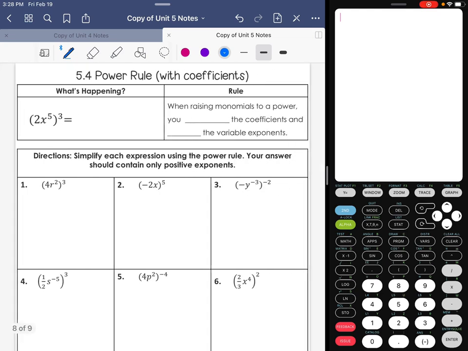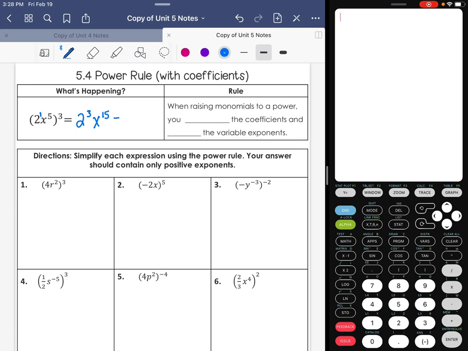On the next page, we of course have power rule with coefficients. When you have power rule with coefficients, what you have to remember is the coefficient has an exponent of 1. So that means that you have 1 times 3, which is 2 to the third power, and 5 times 3, which is x to the 15th power.